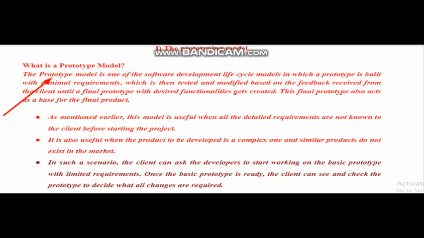That initial model is an initial prototype, which is a small model of the real software product. Then we give this prototype to the customer, who uses it and gives us valuable feedback. Depending upon the feedback received from the client or customer, we keep redesigning the prototypes until we acquire all the functionalities for the final product.